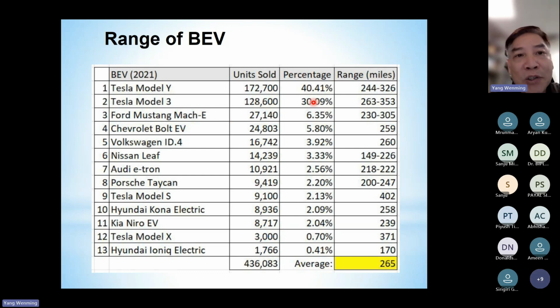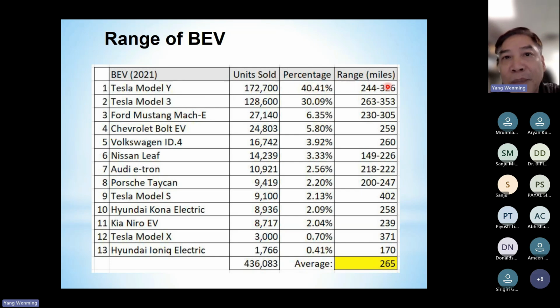The next one, I want to compare the range the pure electric vehicles can cover between two recharges. First, the Tesla Model Y. Just like I mentioned, the market share is about 40%, correct?